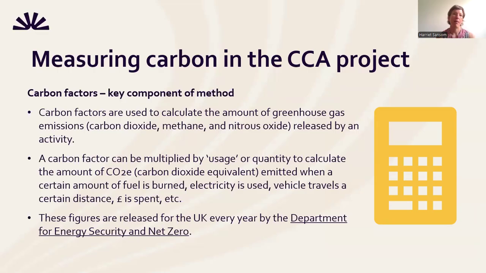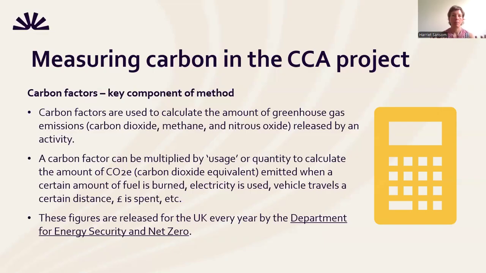And in terms of the method, for those who don't know, carbon factors were the backbone, if you like, of our method. Carbon factors are used to calculate the amount of greenhouse gas emissions released by an activity. They are figures that are calculated and released by central government, by the Department for Energy Security and Net Zero.